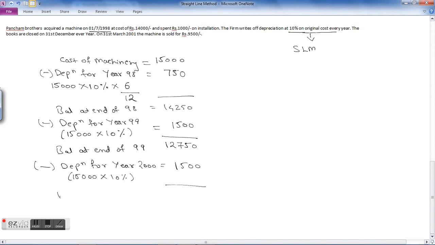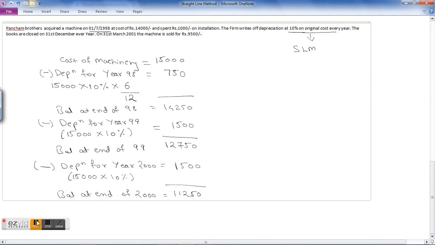So the balance at the end of 2000 is 12,750 minus 1,500, that makes it 11,250. Okay, now let's move further.